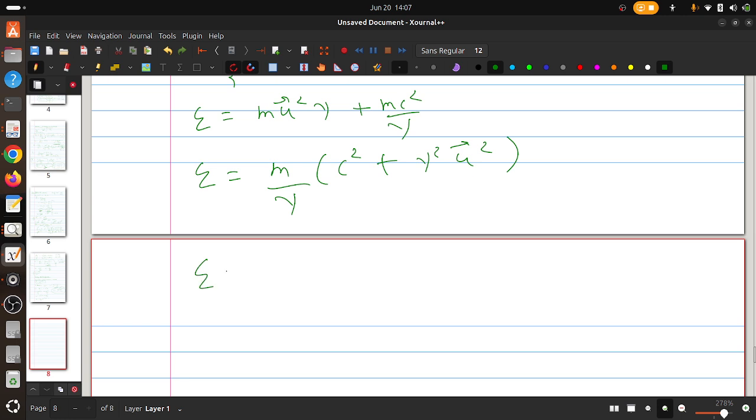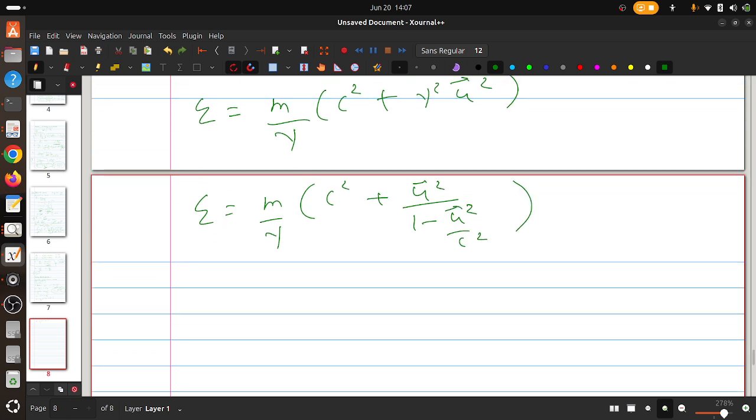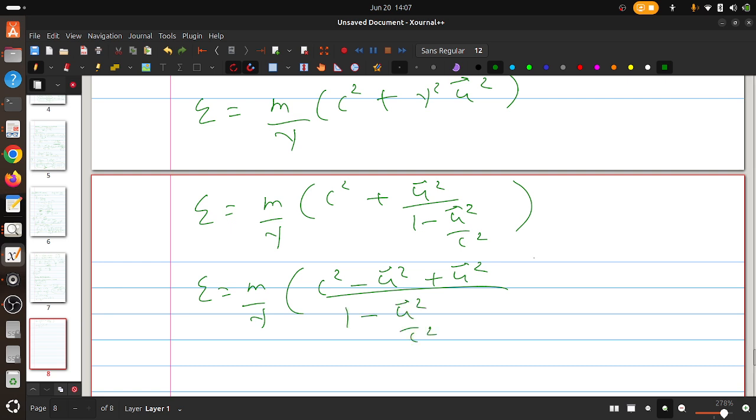So it would be m by gamma, c square plus u square times 1 minus u square by c square. That is what is gamma. So energy is m by gamma, c square minus u square when multiplied here, and plus u square, and again 1 minus u square by c square.